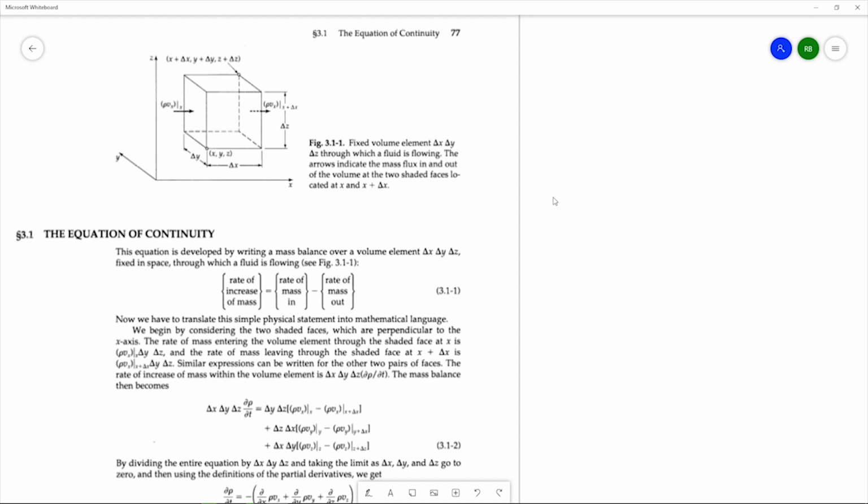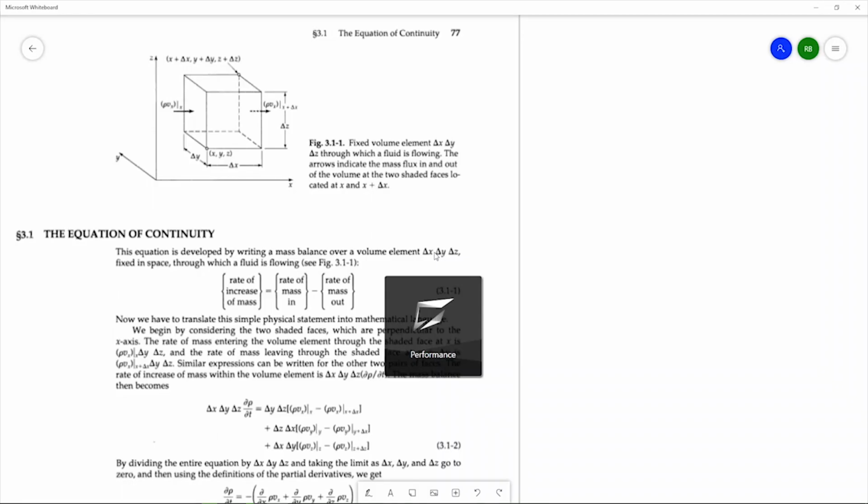I will give you the PDF. So we'll derive it in rectangular coordinates, but if you want to learn, you can try deriving in cylindrical or spherical coordinates. So first we will derive the equation of continuity.